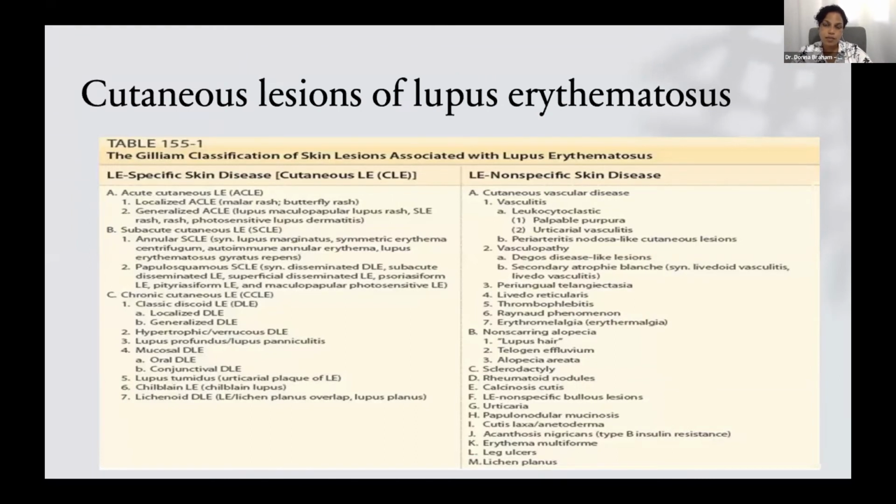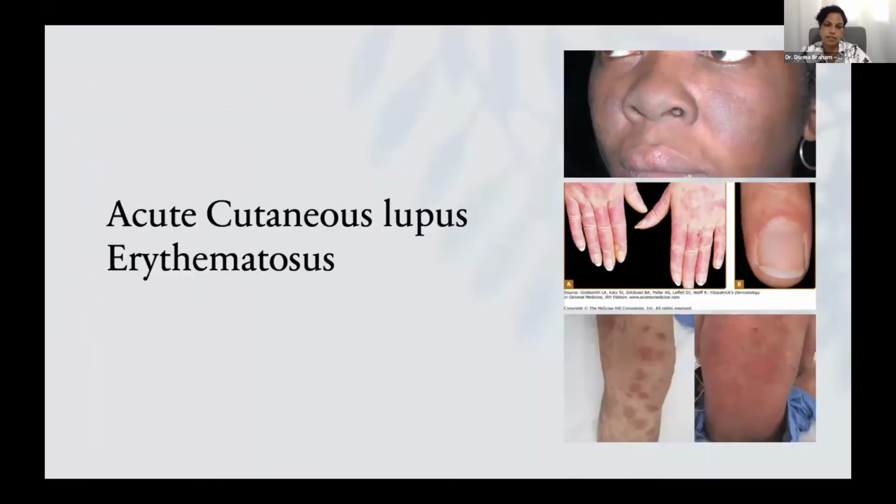Cutaneous lesions of lupus erythematosus can be divided into lupus-specific skin disease or non-specific skin disease. We spoke about chronic cutaneous lupus erythematosus, which is one of the specific skin diseases. Another specific skin disease is acute cutaneous lupus erythematosus, which most commonly presents with malar erythema.